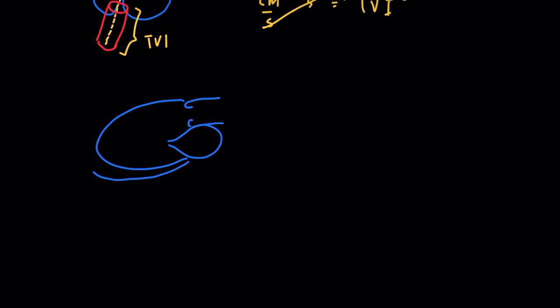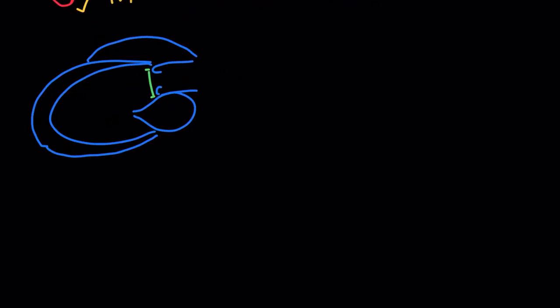A little thickness to the LV there, and your RV is up here. And if we measure right before the cusps, this diameter right there, that is the LVOT diameter.